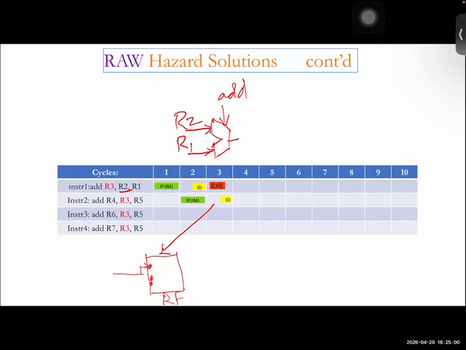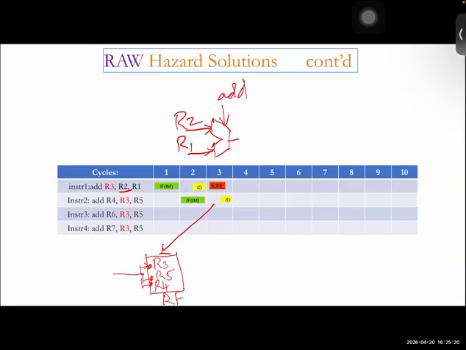Source 1 operand is from the R3 register, source 2 operand is from the R5 register, and the destination operand is the R4 register. That is the instruction decode stage.